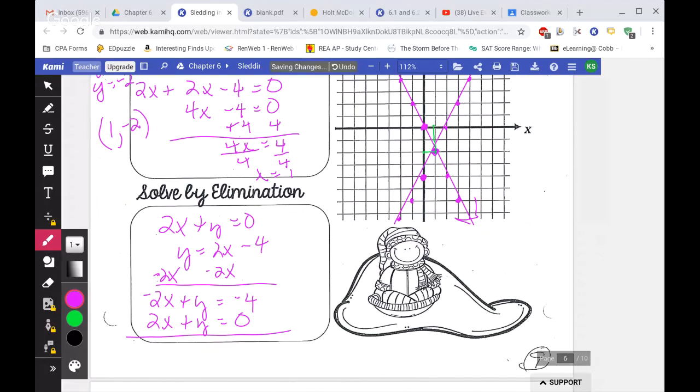And now you can pick here which one you want to use because we have the x's that match and we have the y's that match. If you picked the x's, they both have a coefficient of 2, but they have different signs. So if you have different signs, you would add the two equations.